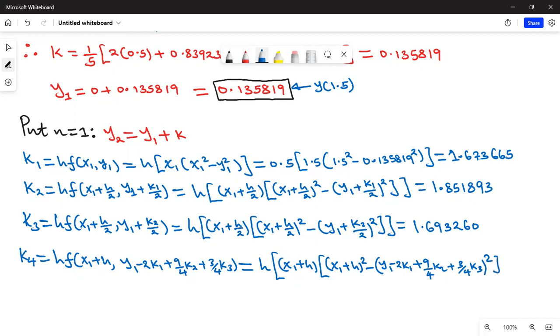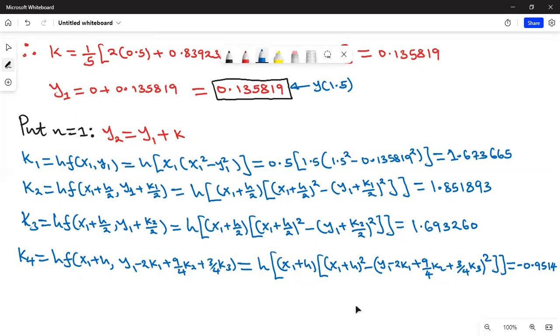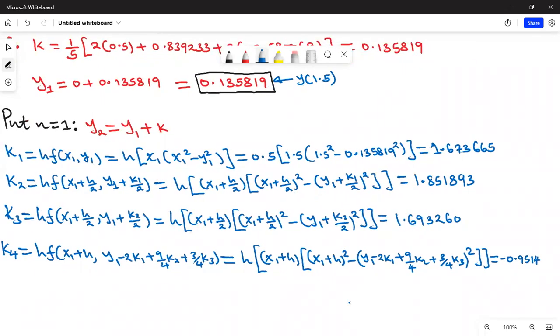This is squared. So when you press in your calculator, you need to get the value of k4 to be negative 0.951485. So that's what we have.